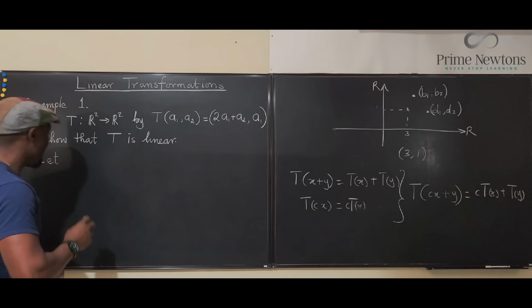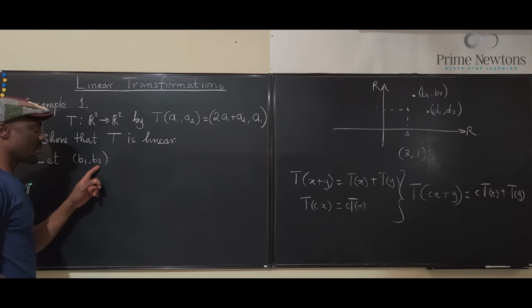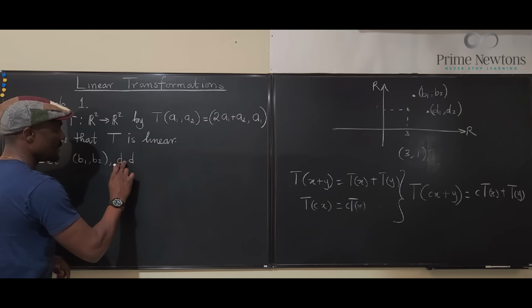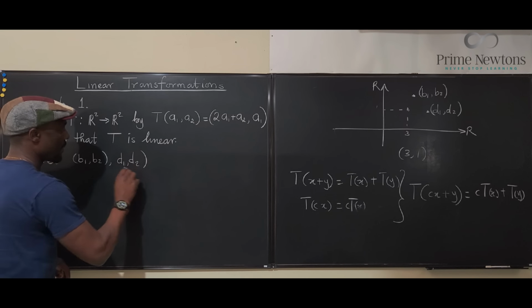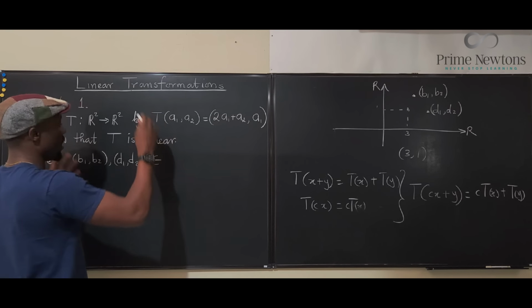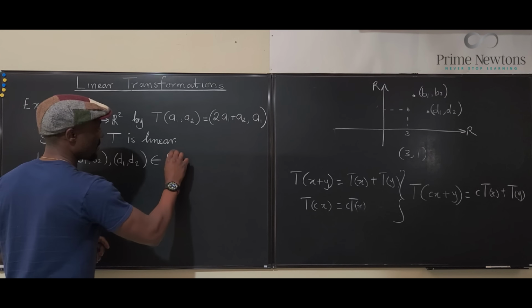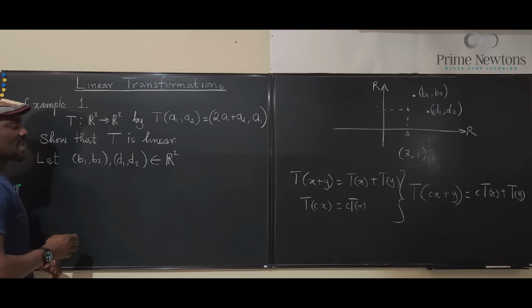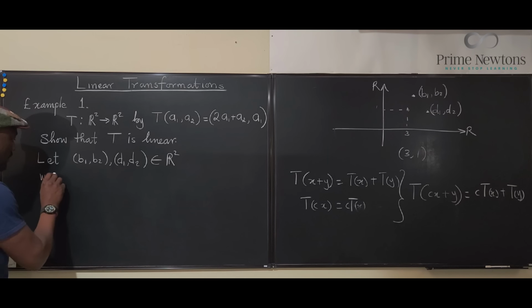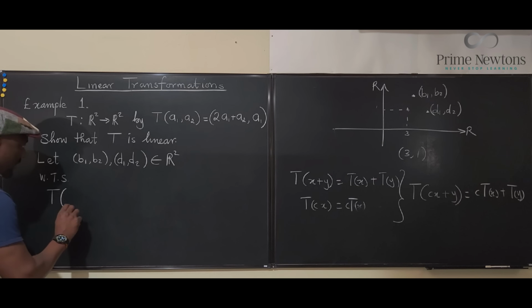So we say let b1 comma b2 and d1 comma d2 be elements in R2. Okay, so let them be here. Now we want to do the transformation. We want to show that the linear transformation of, we're going to multiply the first one by c.